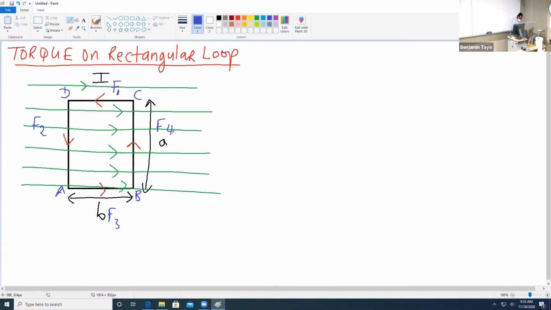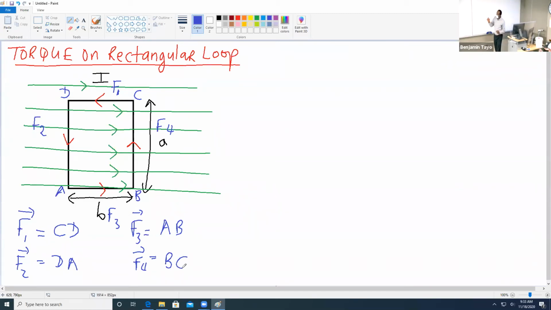F1 is the force between point C to point D. F2 is the force between point D to point A. Then F3 is the force between point A to point B. F4 is the force between point B to point C.